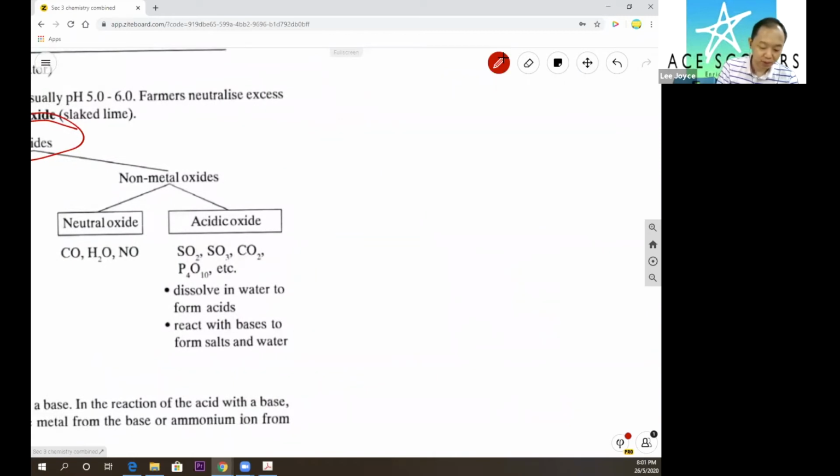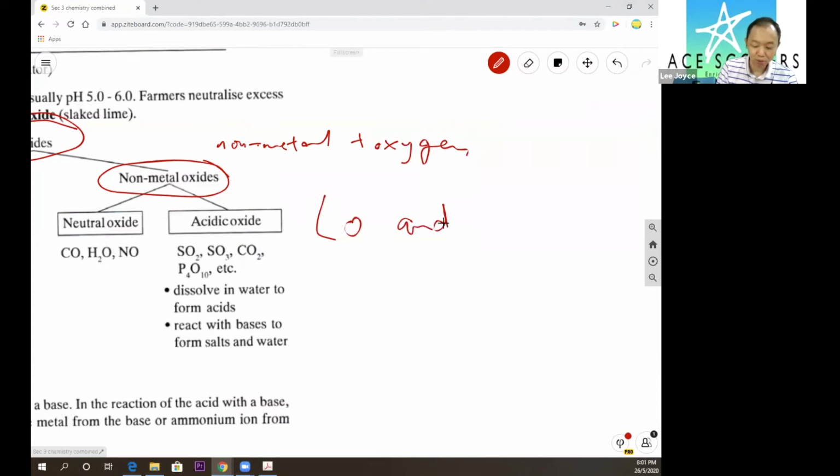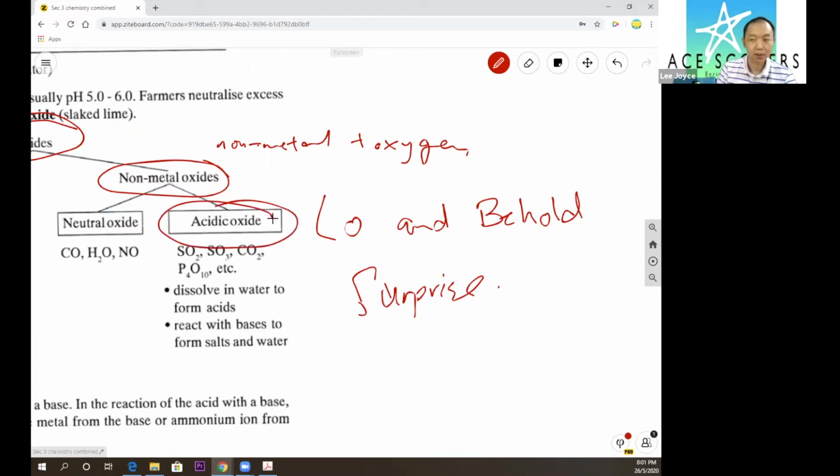They take non-metal plus oxygen, and lo and behold, which means surprise, they found that they get acidic oxide.